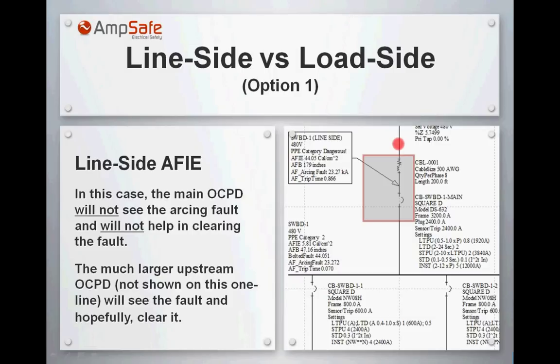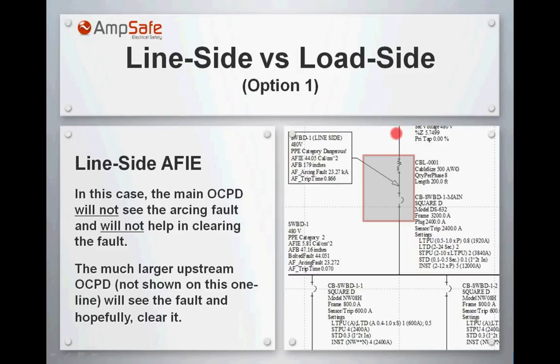So the great majority of the energy you're going to see when you have an arc flash event on the line side is going to come from upstream. And this circuit breaker does not help you to isolate that fault. Therefore, you're counting on a larger, maybe slower upstream device to open the fault.